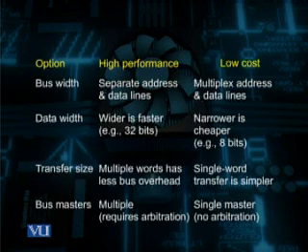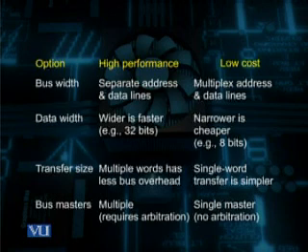Similarly, based on the data width, wider buses, that is a 64-bit data bus, is recommended for high performance systems, and the narrow data bus, that is of 8-bit data bus, is usually used as a cheaper solution for simple systems.